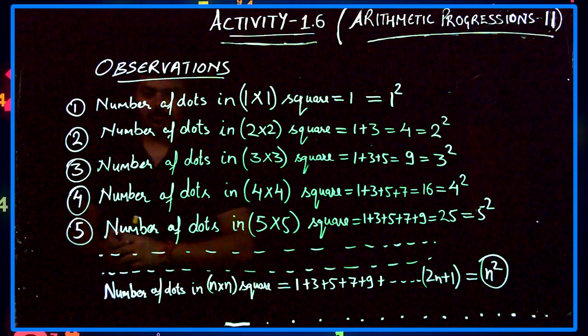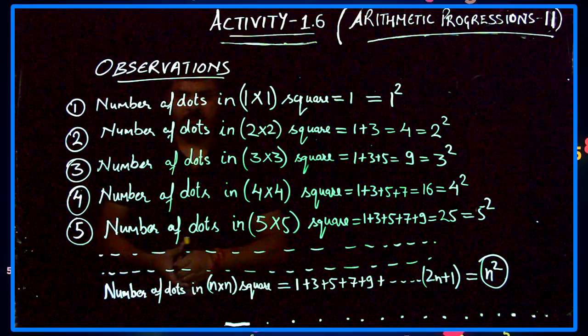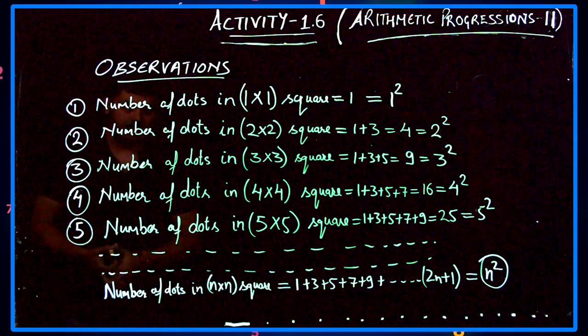In this way, we have proved that the sum of odd natural numbers is n square, that is an arithmetic progression.